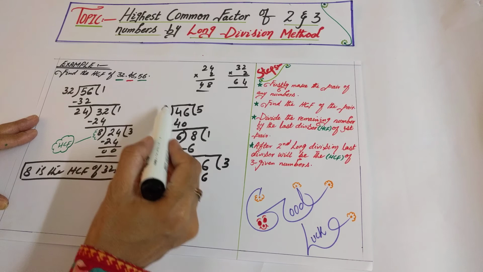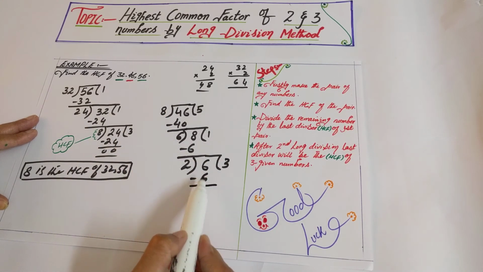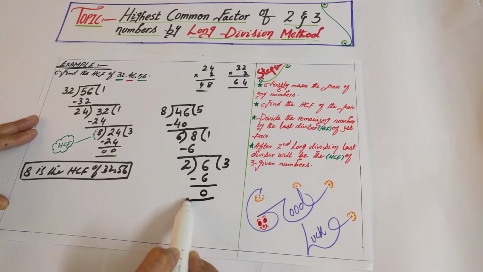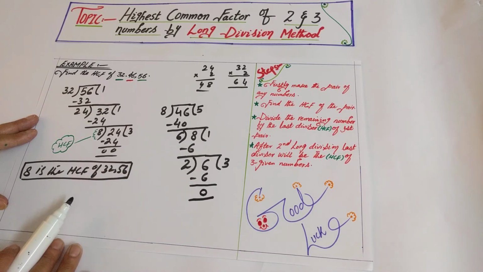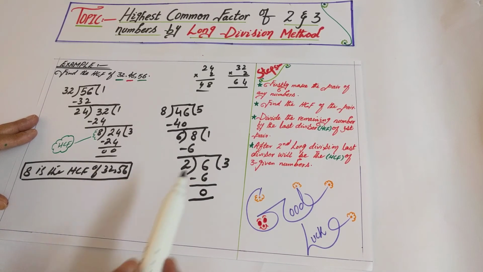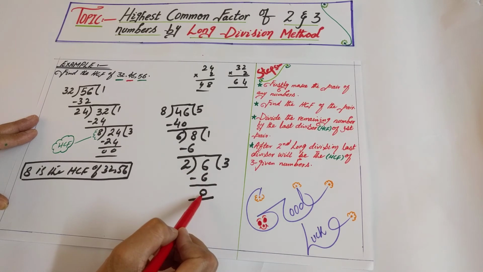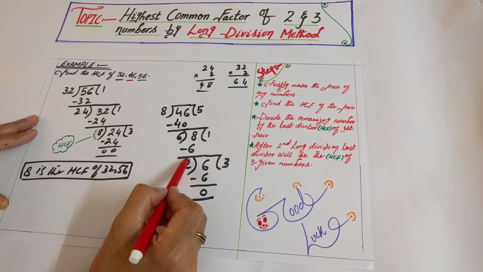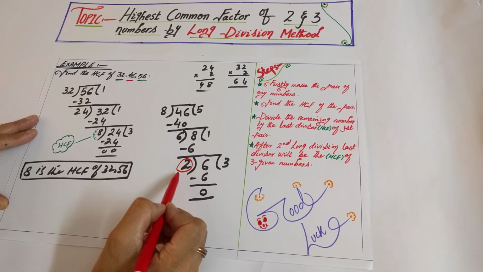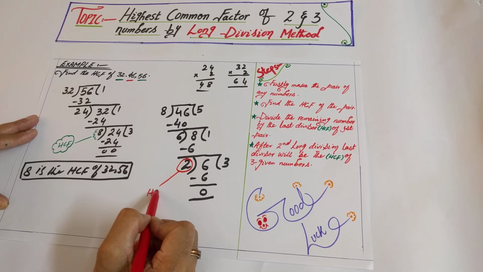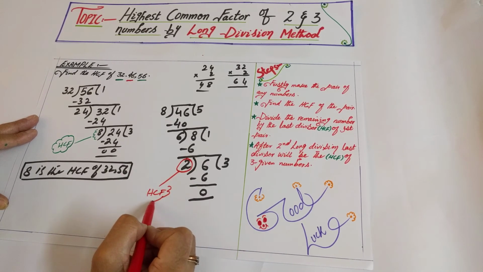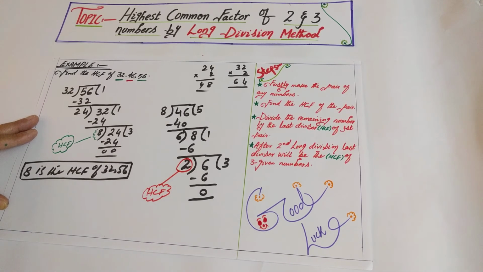So we will continue the process till we get the remainder 0. 6 minus 6 is 0. When we get the remainder 0, that will be our last step, and this last divisor will be the HCF.